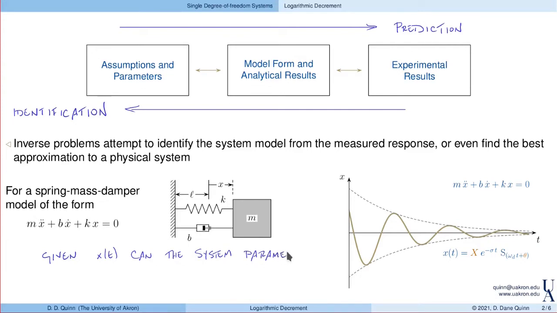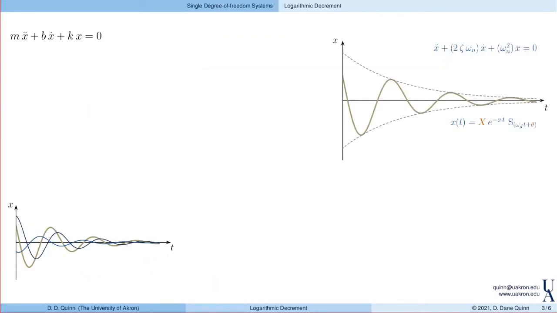So again, the physical parameters are m, the mass, b, the damping, and k, the stiffness. So can we identify those from our measured time trace? And this method, logarithmic decrement, is one way of helping us do that.